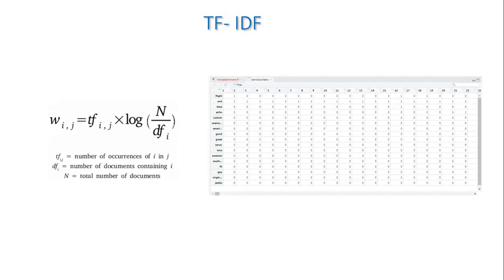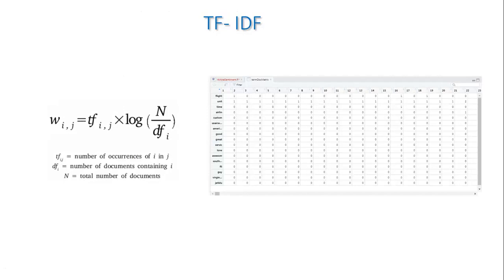So now, if all the 100,000 documents have this word unit, then you will not be entering 1 in those cells. You will be entering 1 over 100,000. So you're weighting down that value, okay?